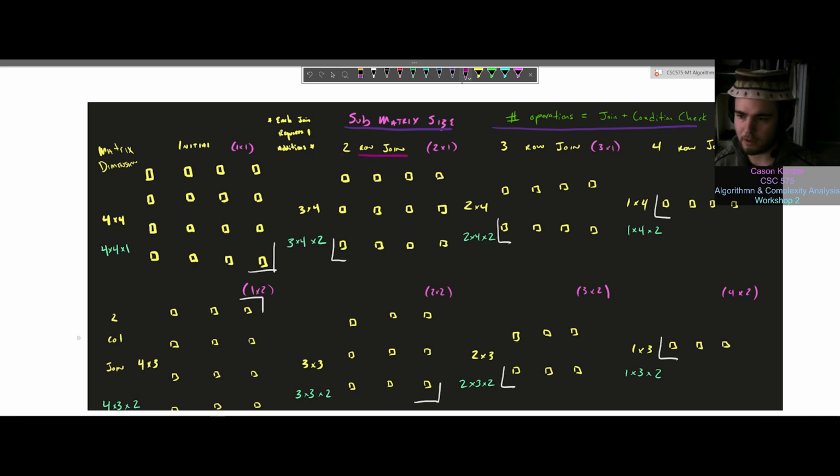So I have here listed 2 row join because I'm joining 2 rows. And the output will be a r minus 1, one less row, by c matrix of sums. And for each of these, I need to do 2 operations, the one addition and the one comparison. So from there, I can easily see how many total operations I need to do to produce that derivative matrix in the same manner I did for the initial matrix, as well as check all of the entries against the value input v.